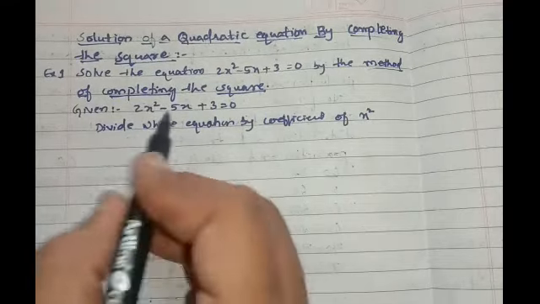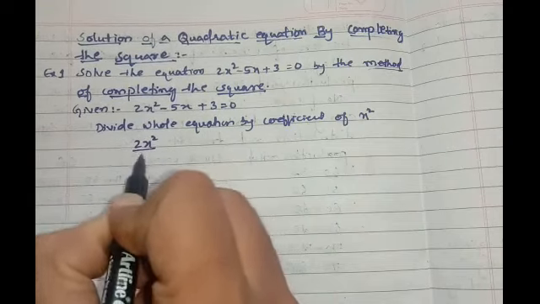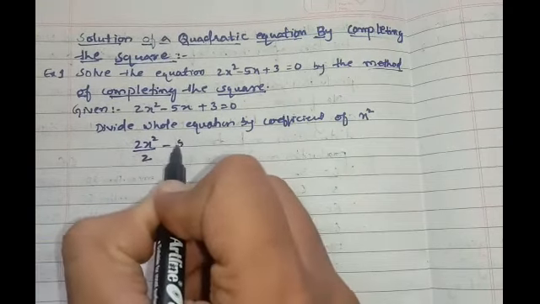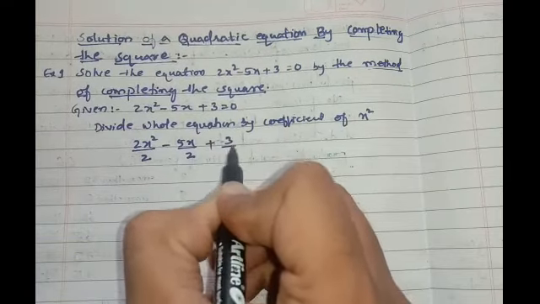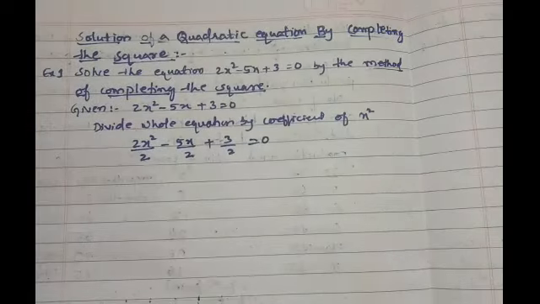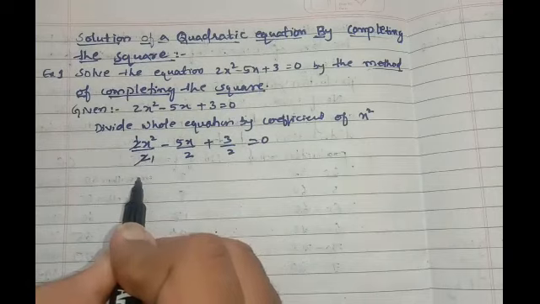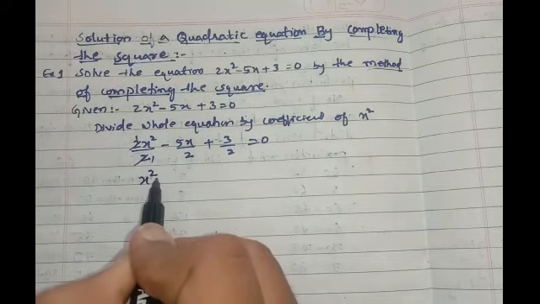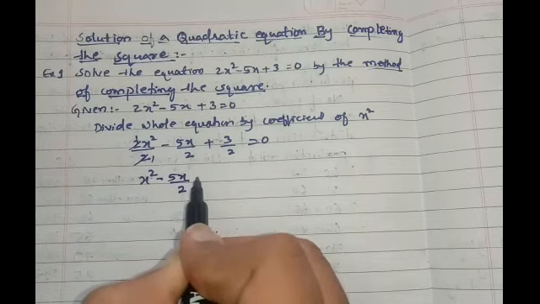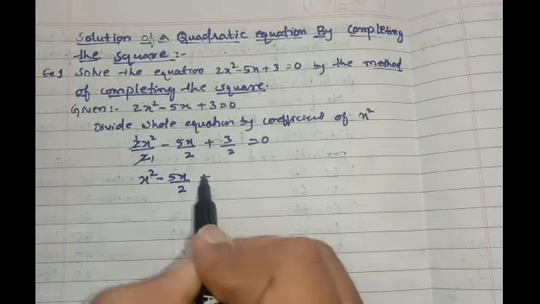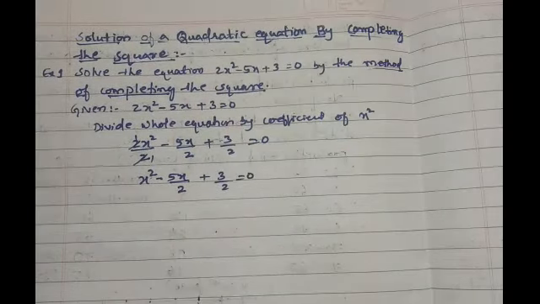So we have to divide all the terms by it. 2x square divided by 2 minus 5x divided by 2 plus 3 divided by 2 is equal to 0. Now the 2s get cancelled. What will remain? x square minus 5 by 2 into x plus 3 by 2 is equal to 0.